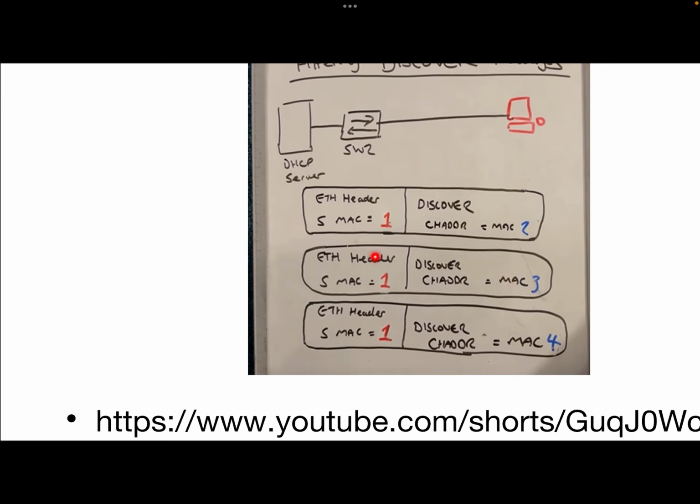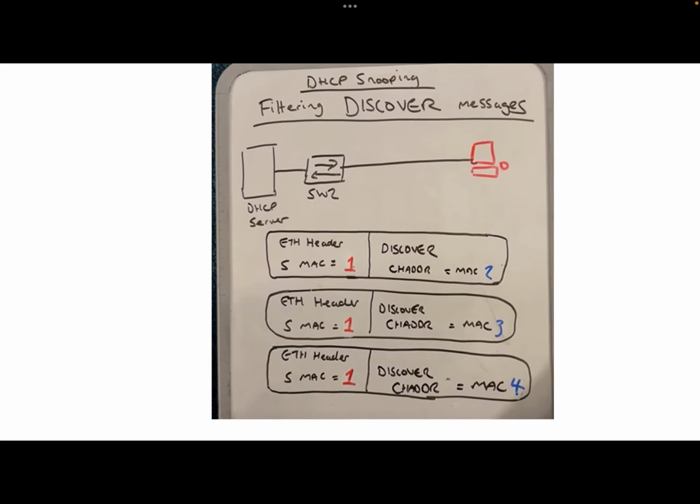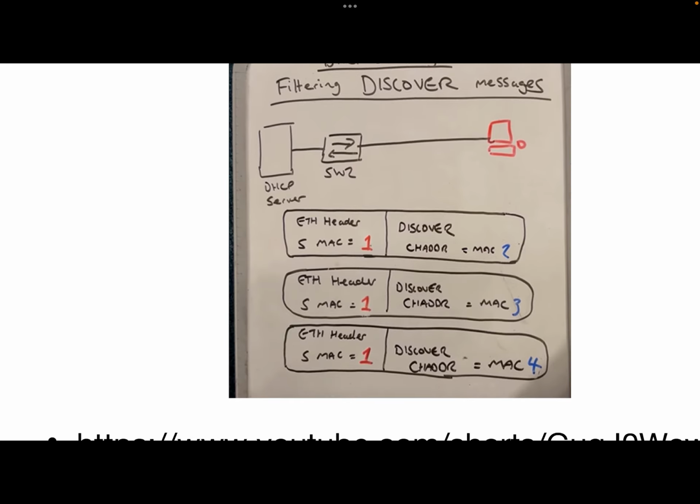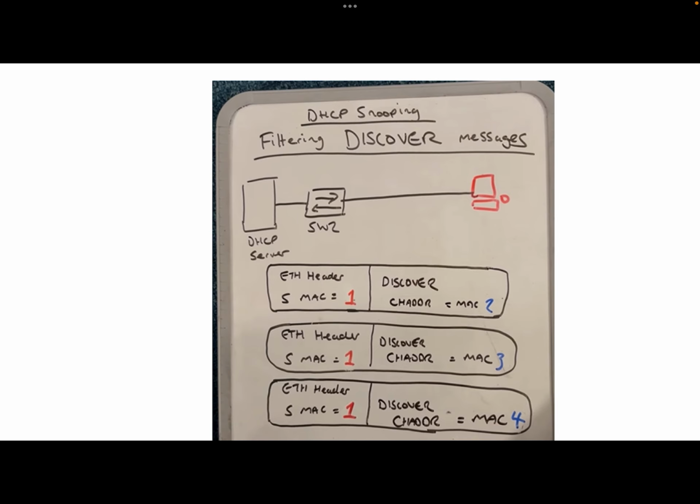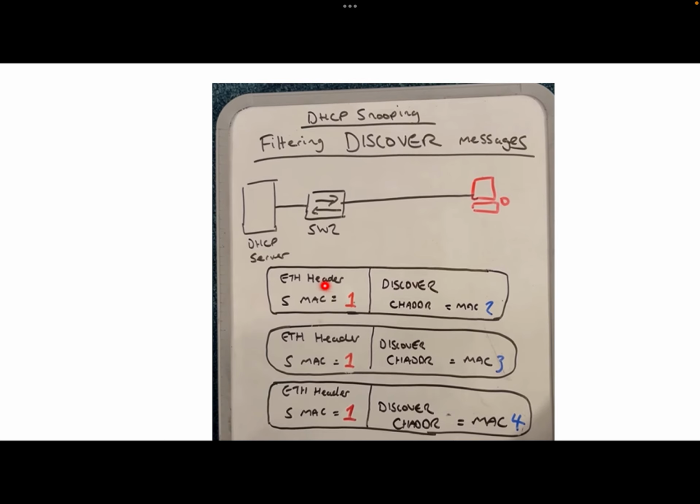If there's a discrepancy, if they're not the same, then those are discarded, because a discrepancy is proof that they are not legitimate. They must match. So we check the Ethernet header, which contains the source MAC address, against the client hardware address value.